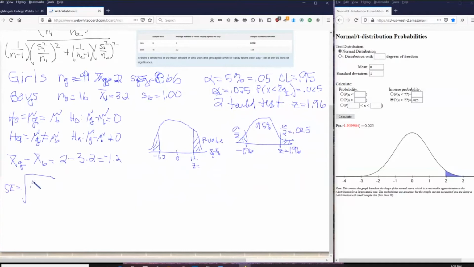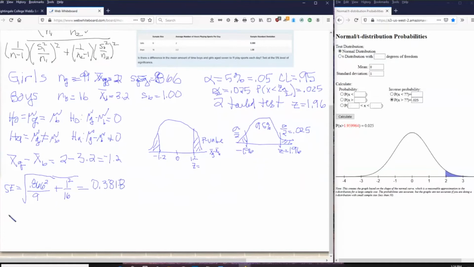It's going to be 0.866 squared divided by the sample size from the girls, which is 9, plus the standard deviation of the boys squared divided by the sample size of the boys, and then take that as a square root. And that's going to give me 0.3818.